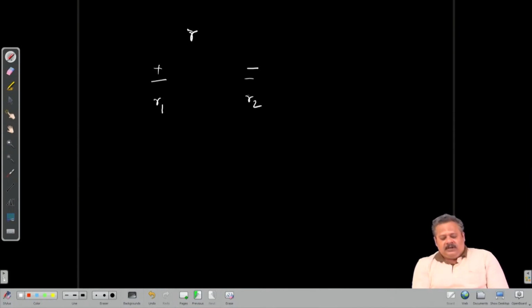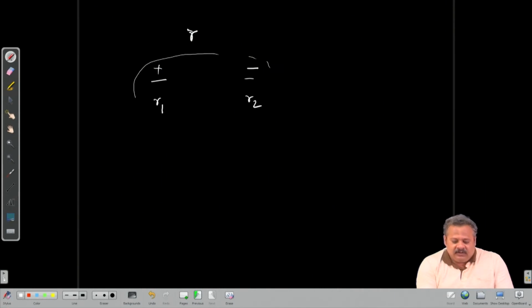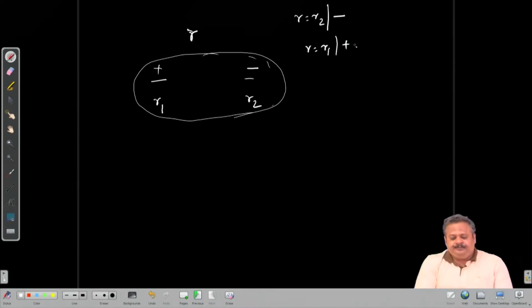Now if we take this idea further, that we have to make this decision based on these two rates, the rates are basically R2 given minus, and R1 given plus.